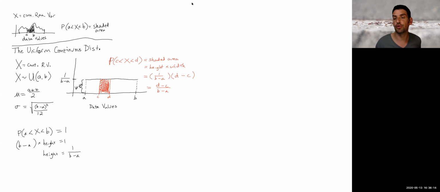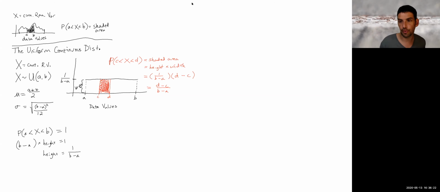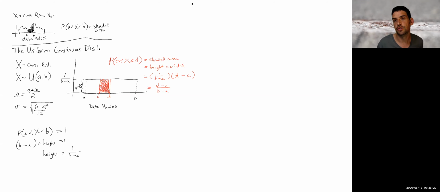So let's ask a couple of questions. I want to answer 3 questions. First, how long do we expect to wait? And I kind of mean this in a very probability sense. What's our expected value for the wait time?